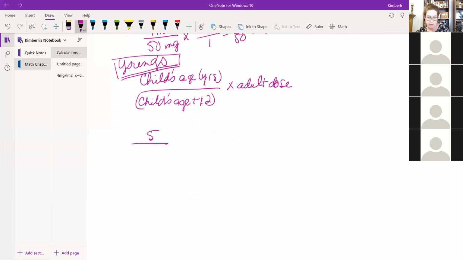Let's divide that by 5 plus 12. 5 plus 12 is 17, right? So 5 divided by 17 times 500 milligrams, which is the adult dose. So 5 divided by 17 times 500, and I get 147.06 milligrams.